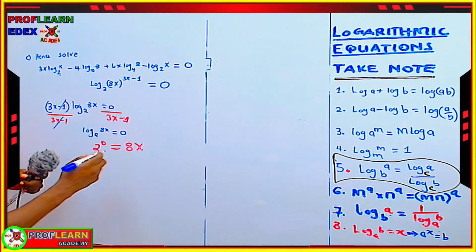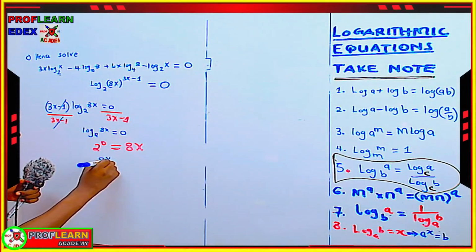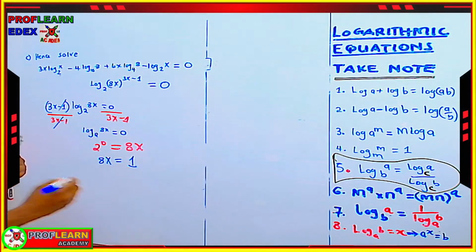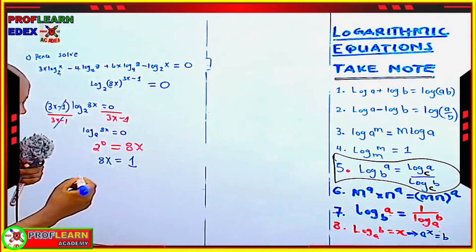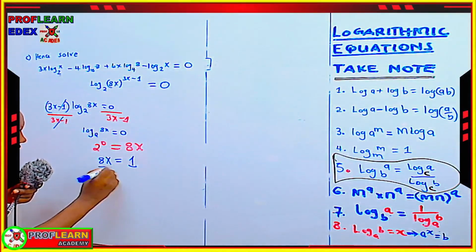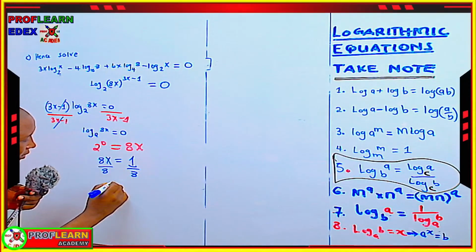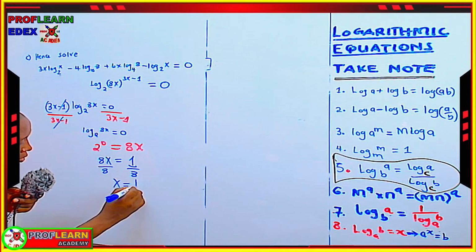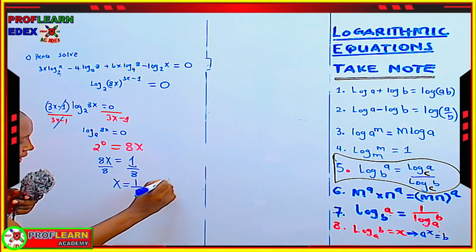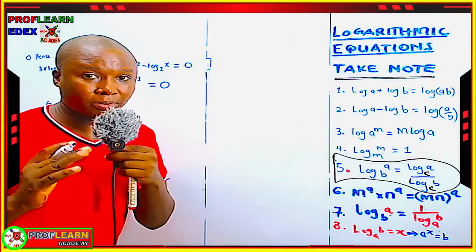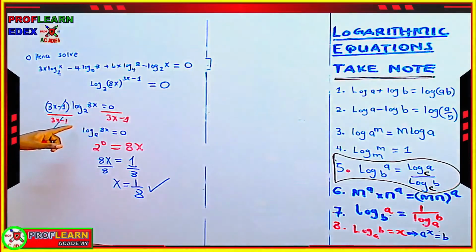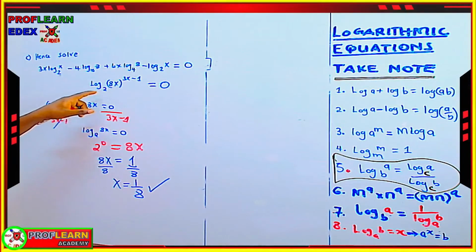So in order to work out what x is, since the bases are equal, we can equate the powers, and that would be 3x minus 1 is equal to 0. And this goes to the other side, we shall have 3x is equal to 1, then divide by 3, and if you open your eyes widely, you will see that 3 and 3 cancel out and we have x is equal to 1 over 3 as the second answer.